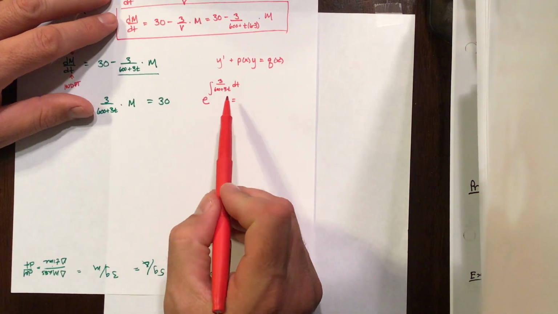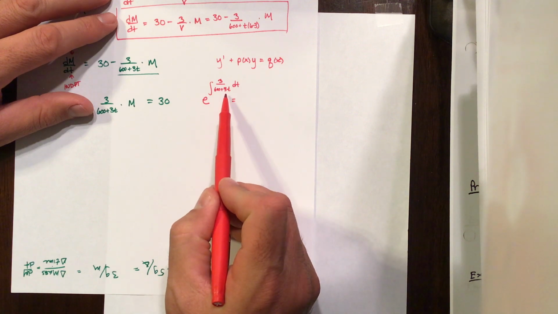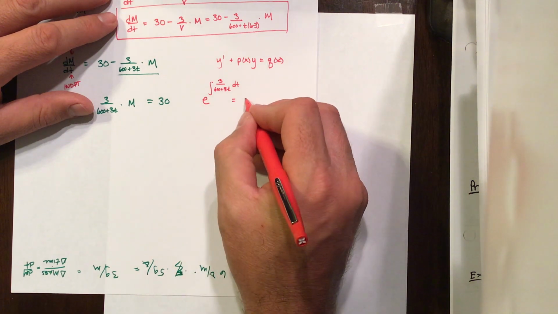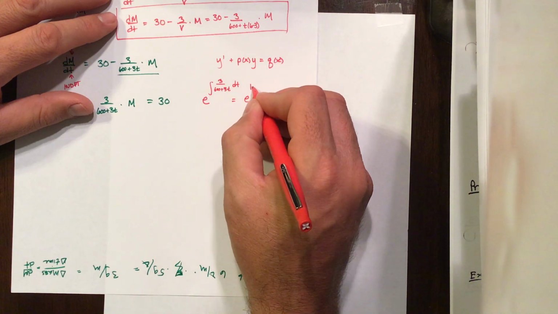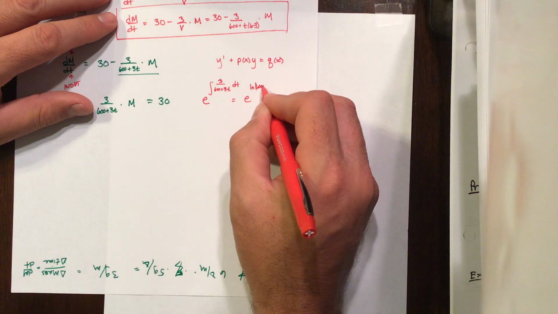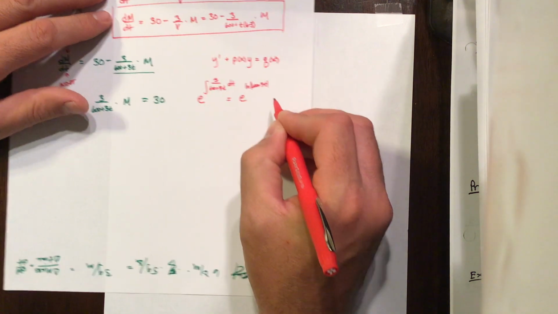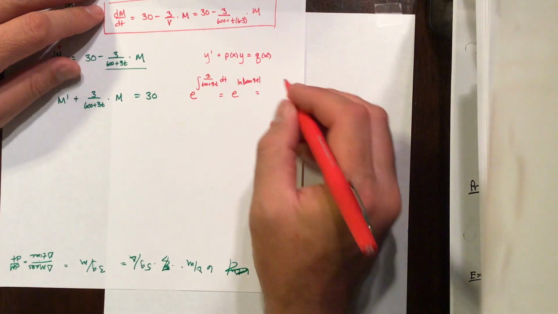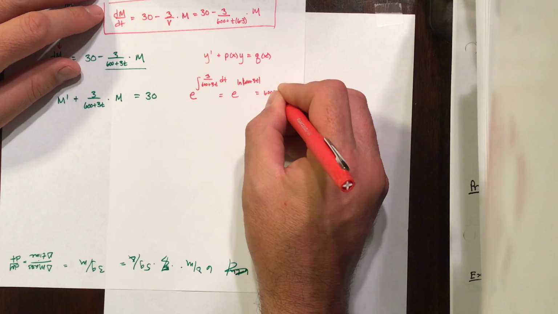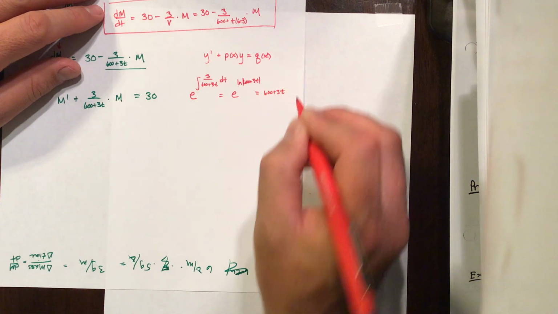As you can see here, the derivative of 600 plus 3t is 0 plus 3, so that's 3. It happens to be in the numerator, so this is a natural log integral. So it's the natural log of the absolute value of 600 plus 3t. The e and the natural log kill each other off, and you're left with 600 plus 3t as your integrating factor.